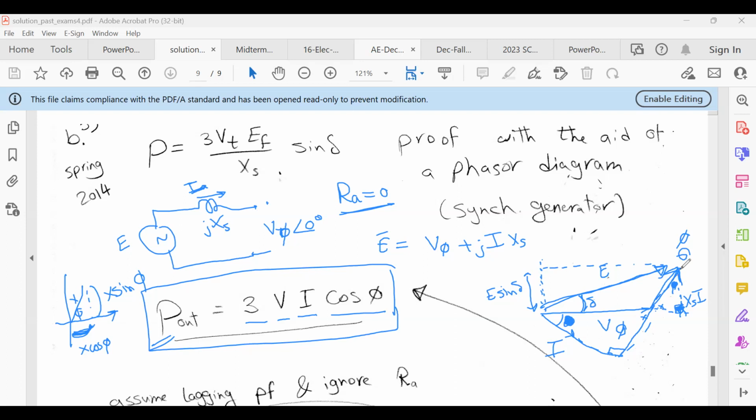So this distance is j X_S I cosine theta. By the way, as a distance, this equals this one, so you can say this is equal to E sine delta. You can ignore the j because we are taking the distance, right?